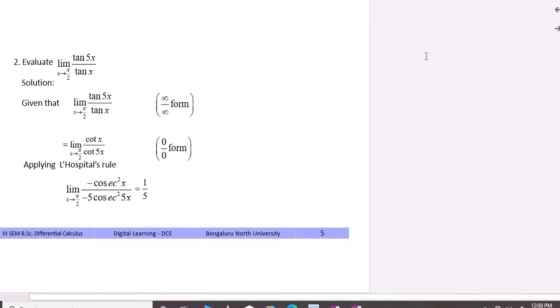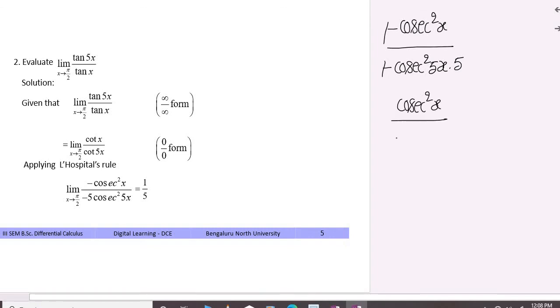Now differentiate cot x. Then we are going to get minus cosecant square x divided by cot 5x differentiation, which is minus cosecant square 5x. 5x differentiation is 5. Minus minus get cancel. Then we are going to get cosecant square x divided by 5 times cosecant square 5x.